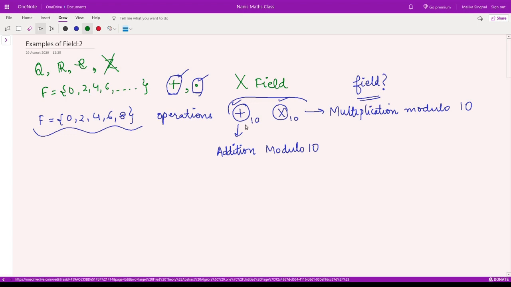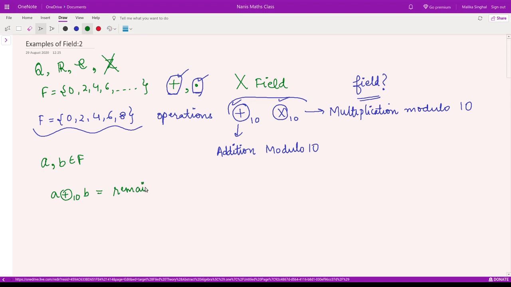First of all, I am defining that if I take two numbers a and b from this set, then a addition modulo 10 b would be what? It would not be a plus b. It would be the remainder.